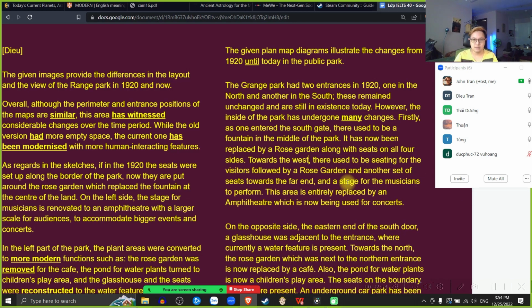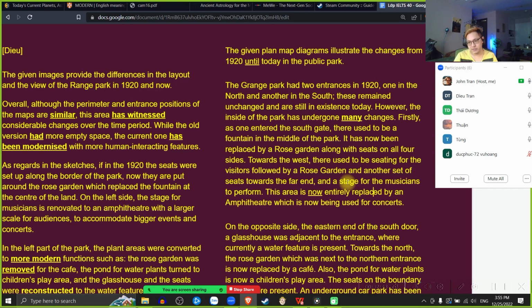There used to be seating for visitors followed by a rose garden. And uh-huh. It's now entirely replaced by. It's now entirely replaced, or we have to use the present perfect simple.